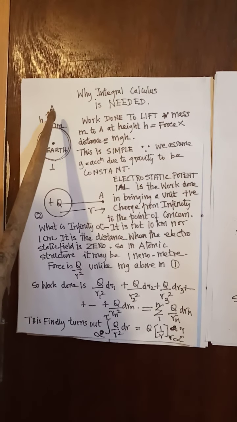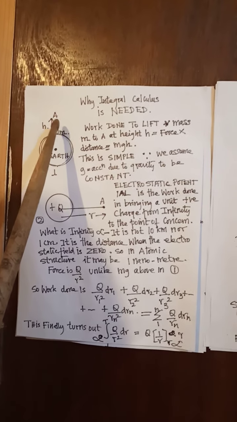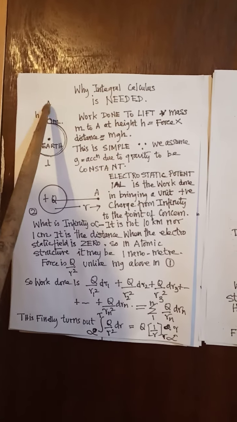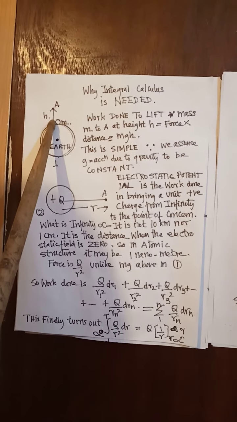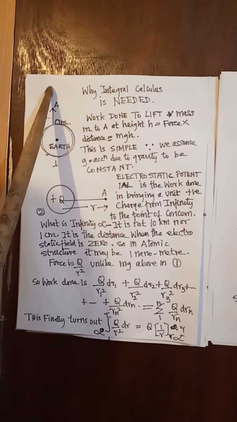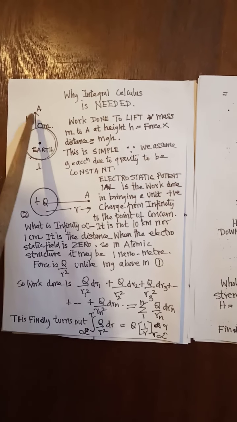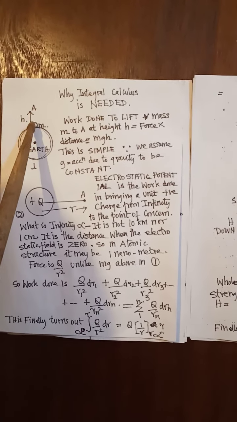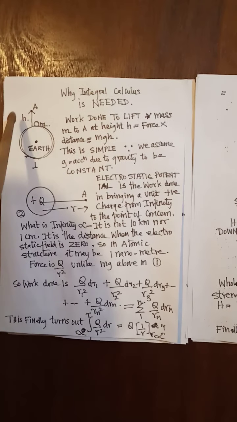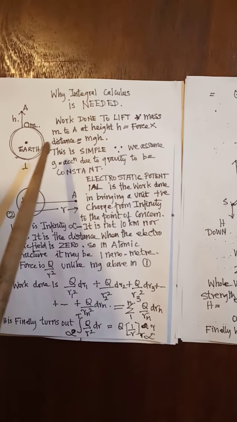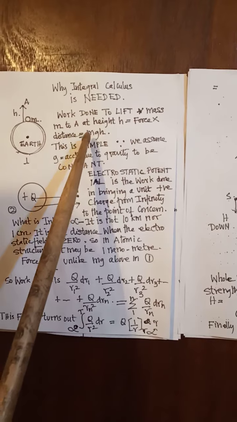This is simple. Why? Because the gravity of the earth is almost constant for some kilometers. So we have every right to put mg to be constant, the force to be constant. So the potential is mgh.